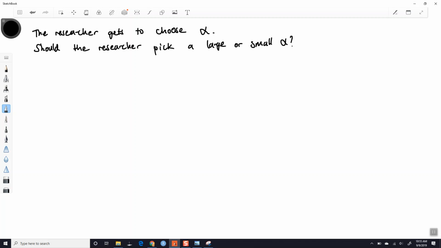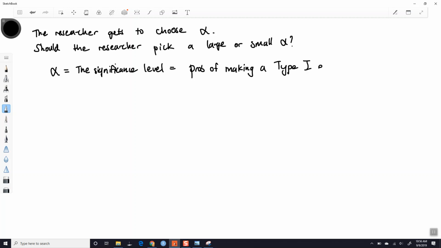Should the researcher pick a large or small alpha? Well, alpha, which is the significance level, is also equal to the risk, or the probability, of making what we call a type 1 error, also known as the false positive.